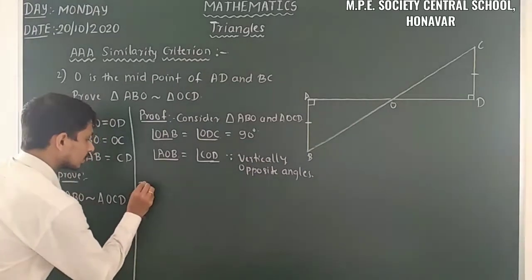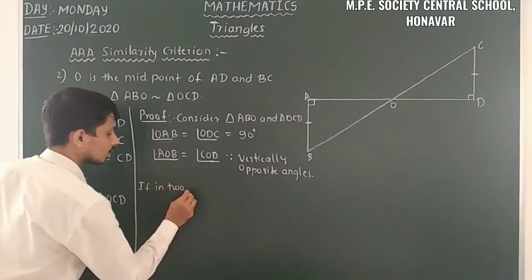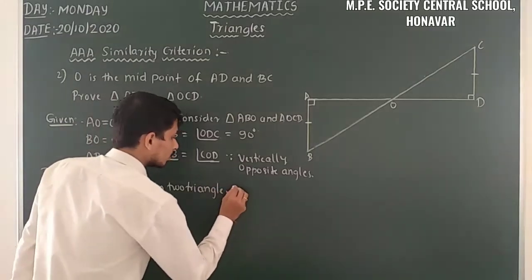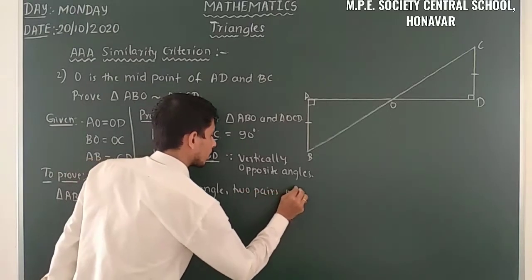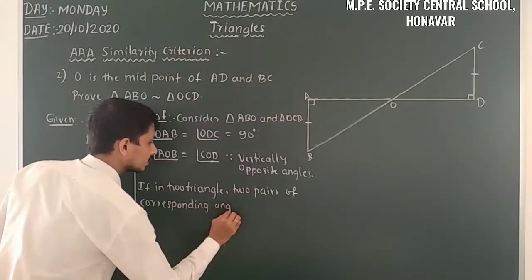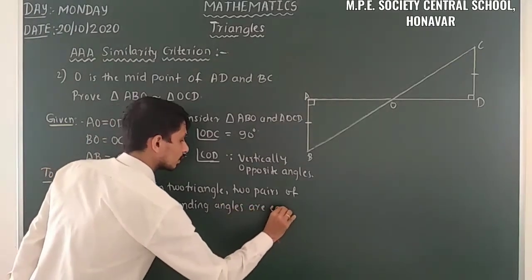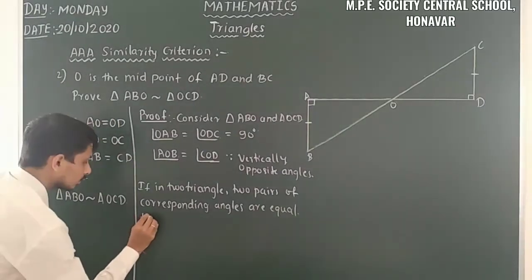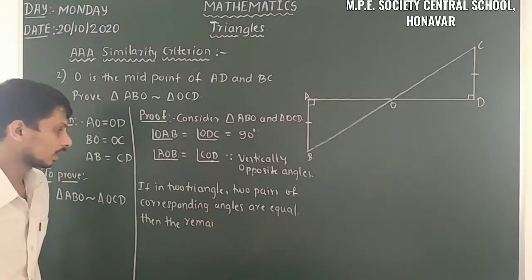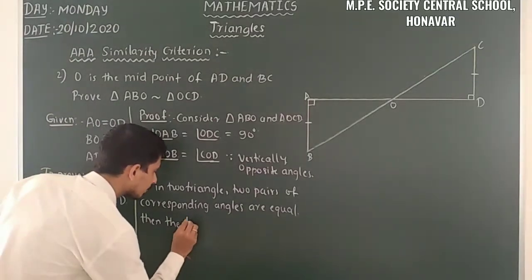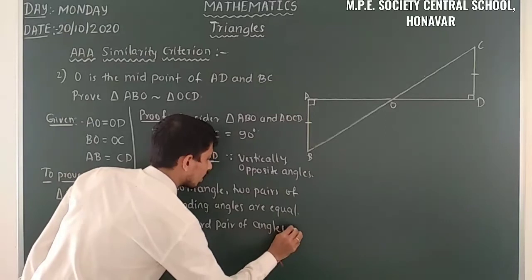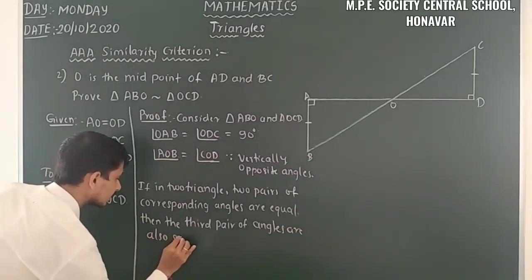So we can write it as: if in two triangles two pairs of corresponding angles are equal, then the third pair of angles are also the same.